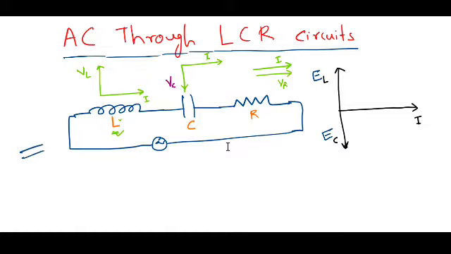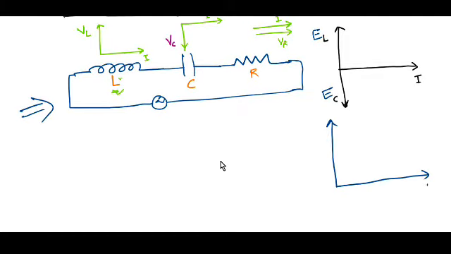The present circuit is a series LCR circuit, and if I draw the correct phasor diagram of this series LCR circuit, on the x-axis we have the current, and on the y-axis we plot the voltage.